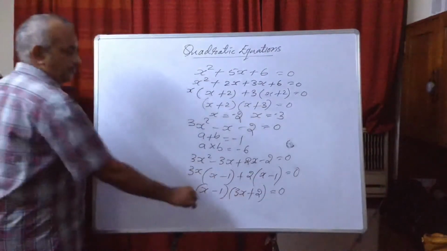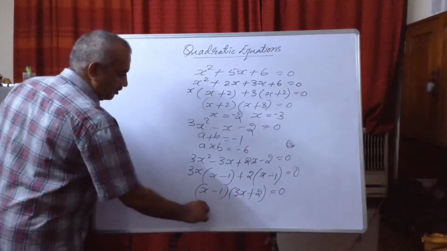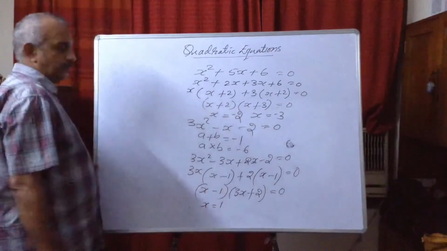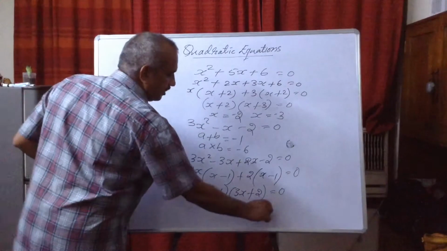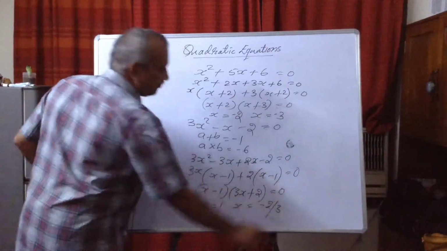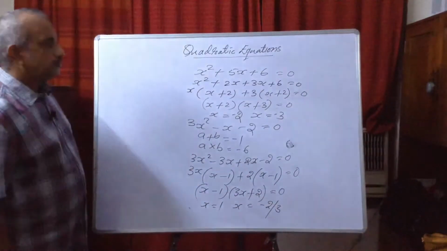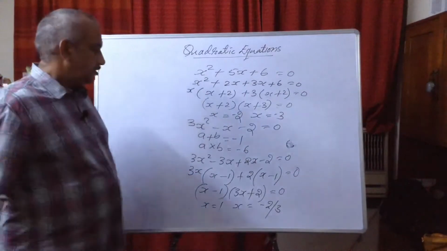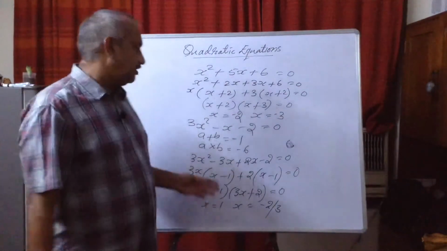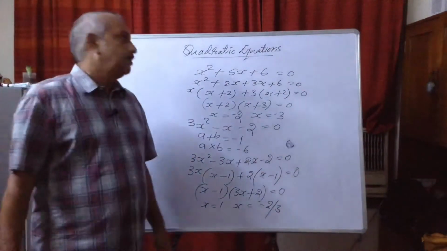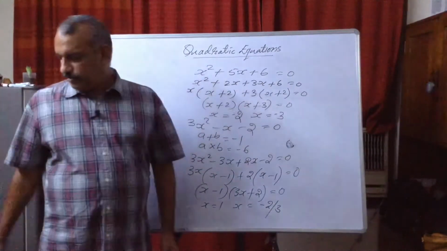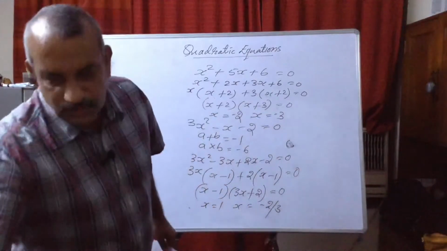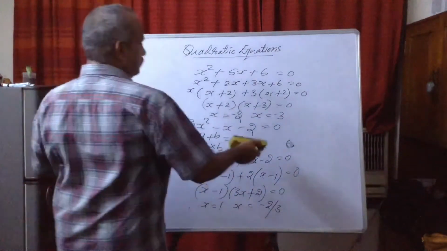So when x minus 1 is 0, x is equal to 1, or 3x plus 2 is equal to 0, x is equal to minus 2 upon 3. So these are the two roots of the quadratic equation. These are the two cases while doing factorization. Now in the book 1 or 2 questions are given with root sign and all. So let us discuss those questions.